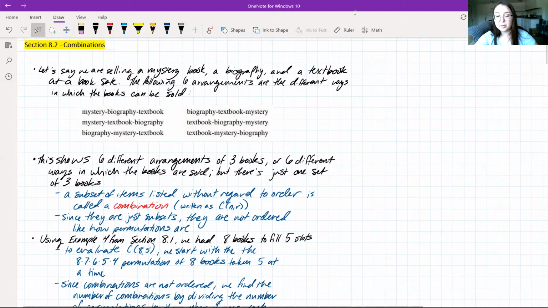It's going to be very important that we remember these concepts when we go on to our next sections, because we're going to use our permutation and combination formulas to solve probability problems.